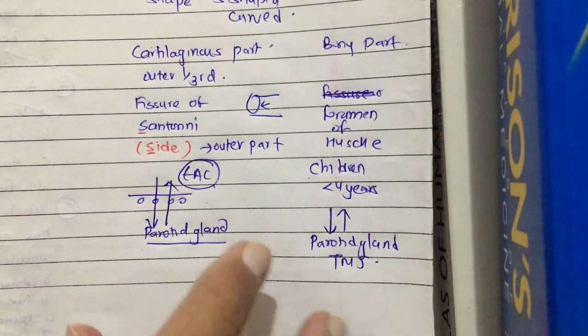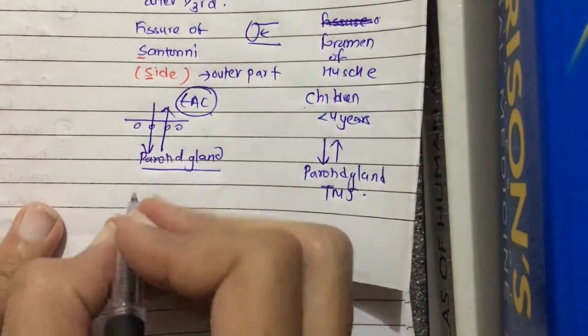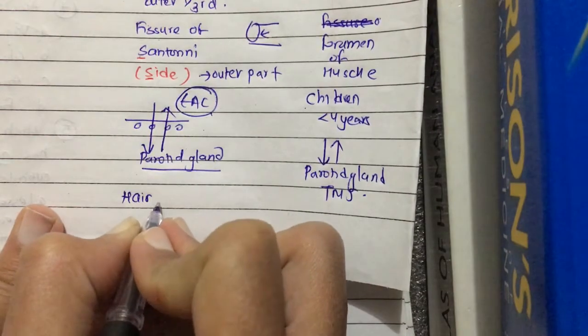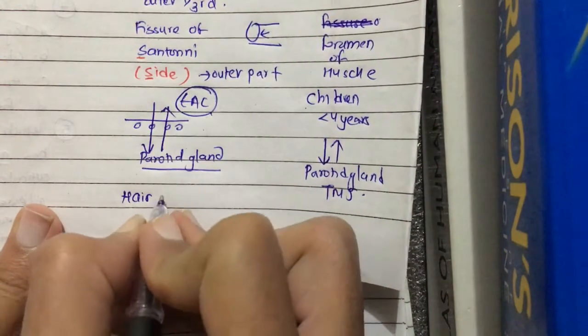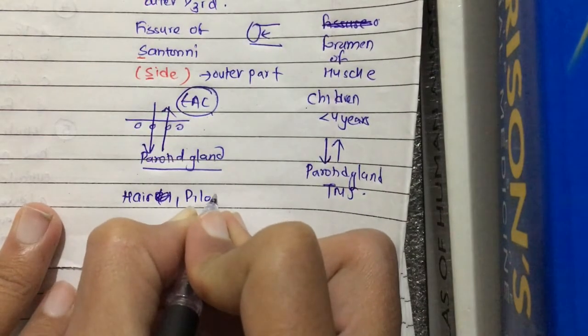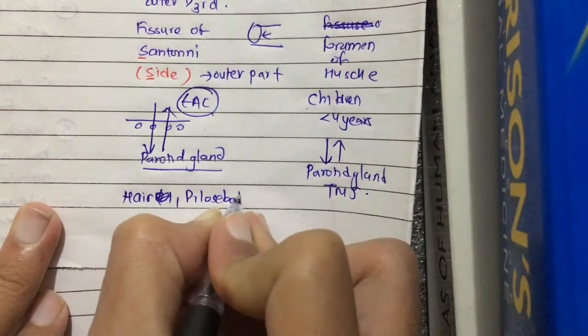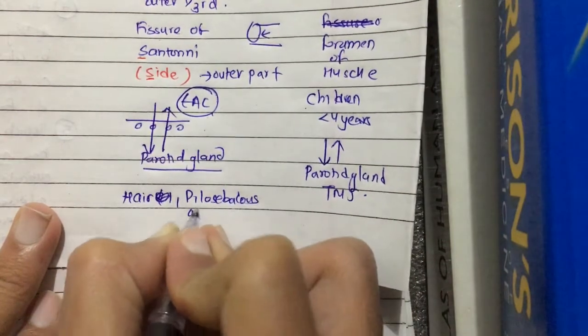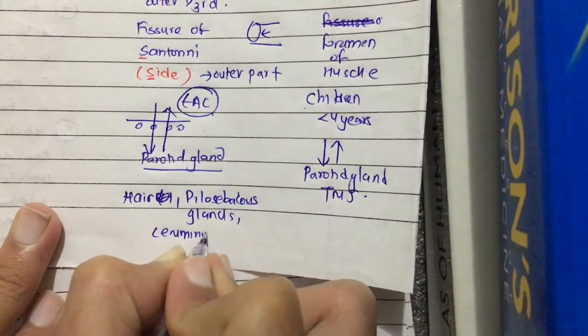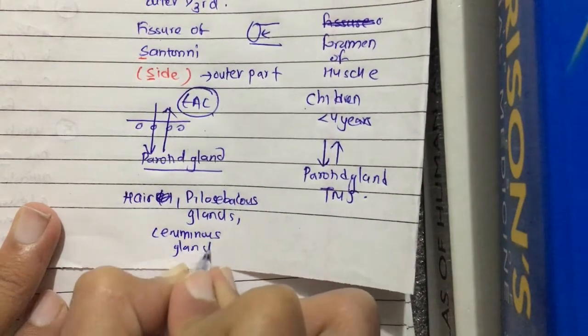In the cartilaginous part, we have hair, pilosebaceous glands and ceruminous glands, but these are absent in the bony part.